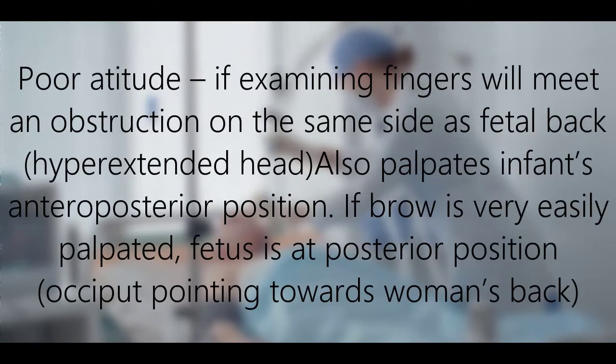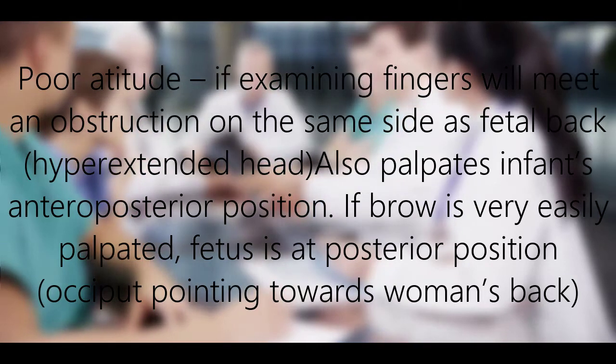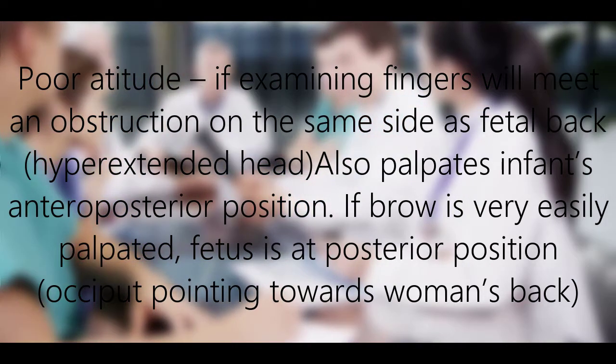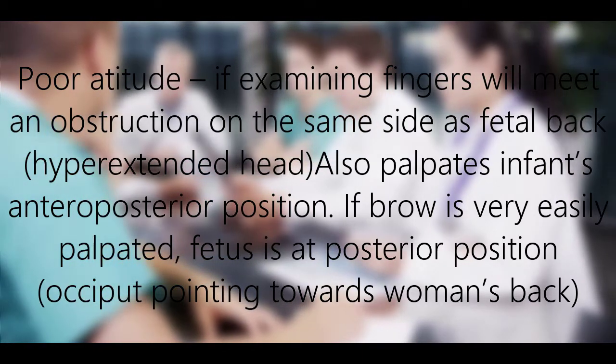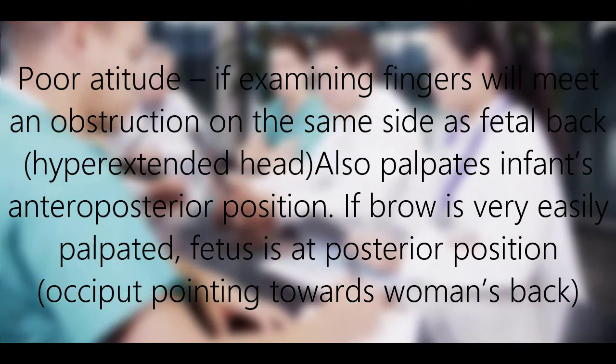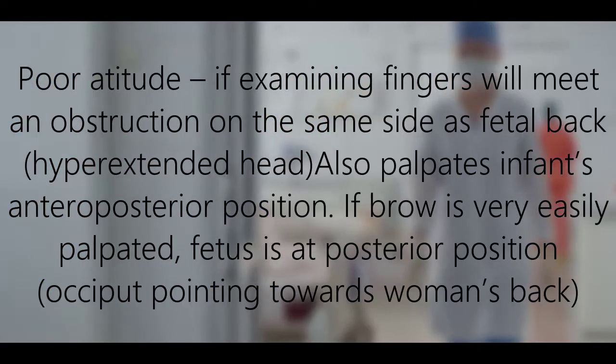Poor attitude if examining fingers will meet an obstruction in the same side as fetal back. Hyperextended head also palpates infant's antero-posterior position. If brow is very easily palpated, fetus is at posterior position or occiput pointing towards woman's back.